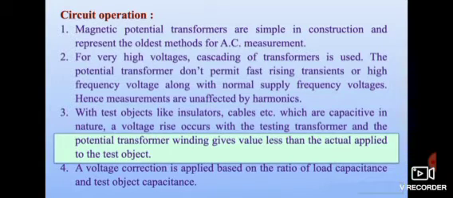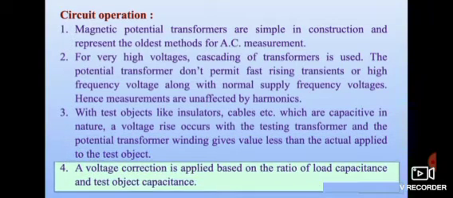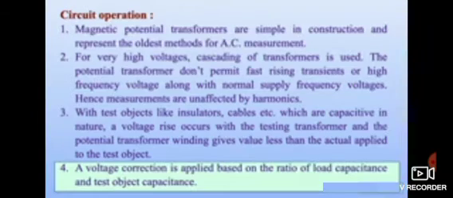So it needs a voltage correction, which is applied based on the ratio of load capacitance and test object capacitance.